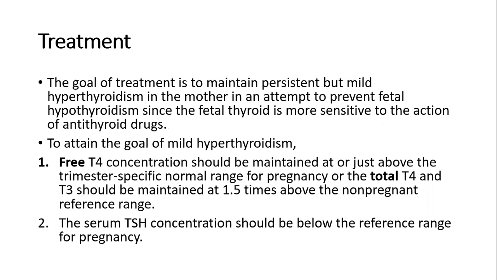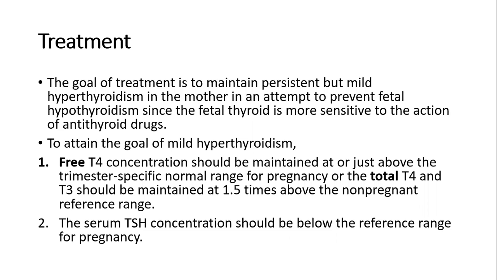So for the treatment of hyperthyroidism in pregnancy, the goal is usually to maintain persistent but mild hyperthyroidism in the mother in an attempt to prevent fetal hypothyroidism, which can be a complication of the treatment, since the fetal thyroid is more sensitive to the action of antithyroid drugs.